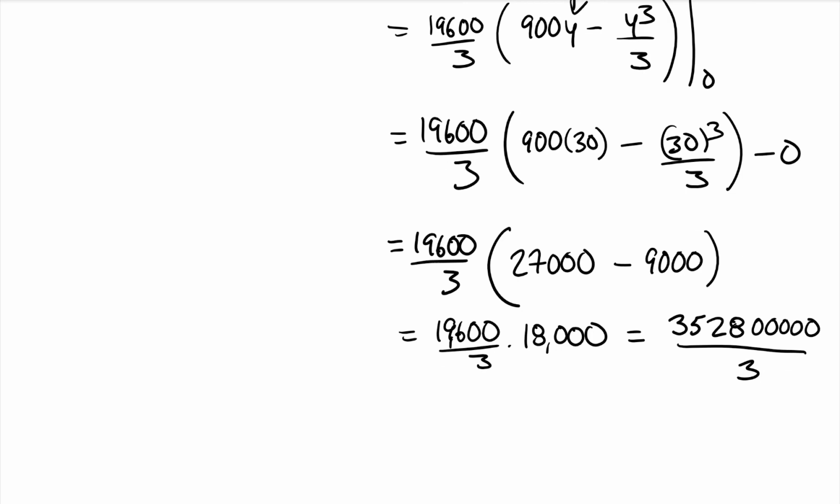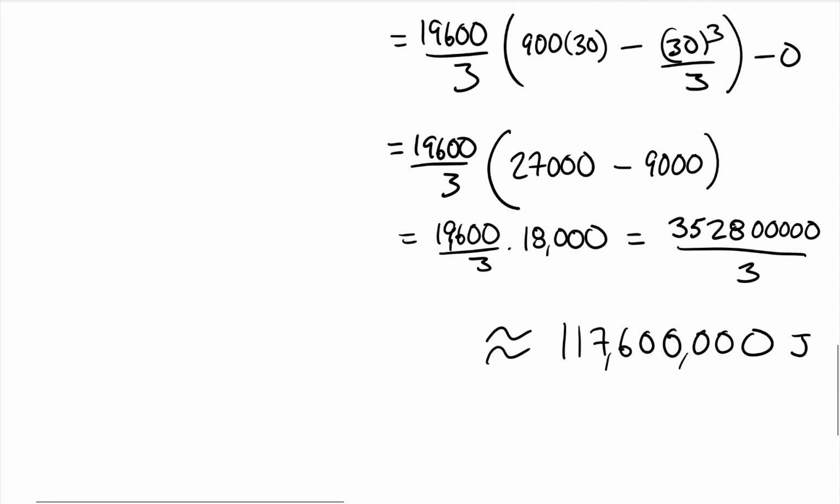If you divide that thing by 3, you get approximately 117,600,000. Oh my goodness, that's so many zeros. So approximately 117,600,000 joules. But if you were to write this thing in scientific notation, you'd call it approximately 1.8.